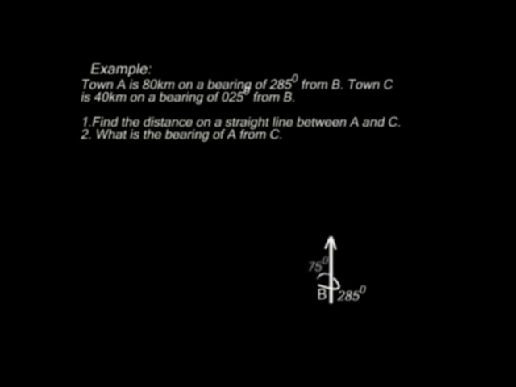So I can measure 75 degrees on the west side of the North Pole, and then I have that line. So A lies on that line. But I know the distance is 80 kilometers, so I'll measure 80 kilometers, of course using my scale, and I will have my A at this point.